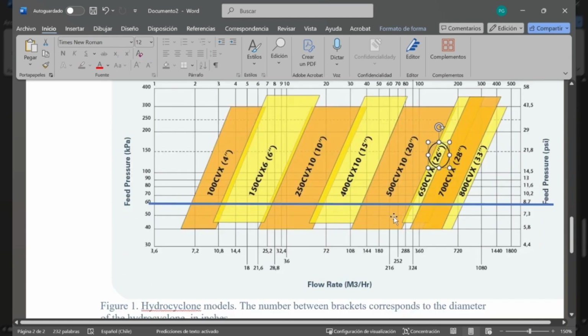And well, this one has a smaller range, and we're within the limits, or at the border of our maximum capacity, because this is like 360 cubic meters per hour. So we would actually require just one.